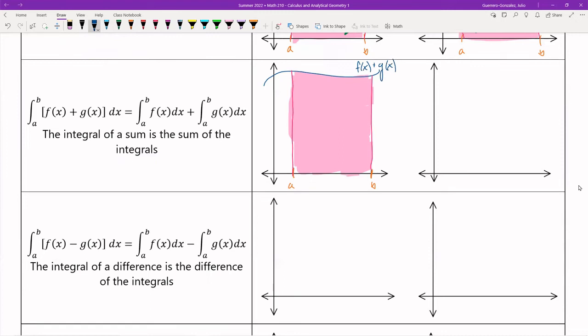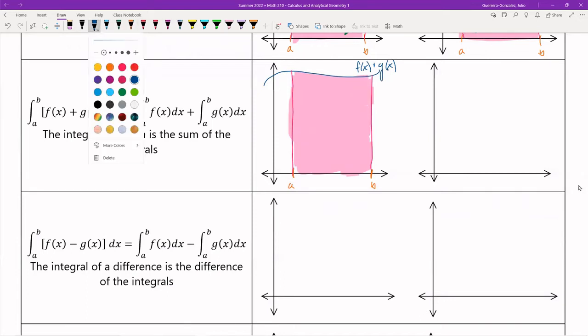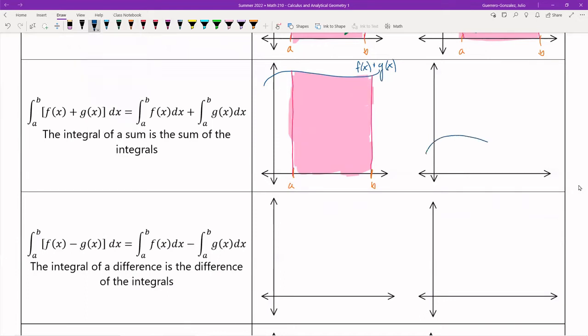Then this is equivalent to both of them separated out. So let's say it was a g of x and an f of x, from a to b. It's both of these areas put together.